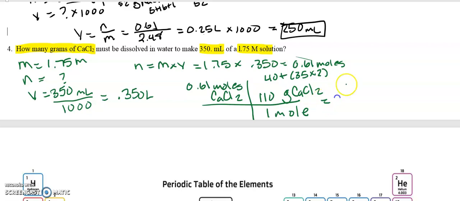So now all I have to do is multiply 0.61 times 110, and your answer is 67.1 grams of calcium chloride.